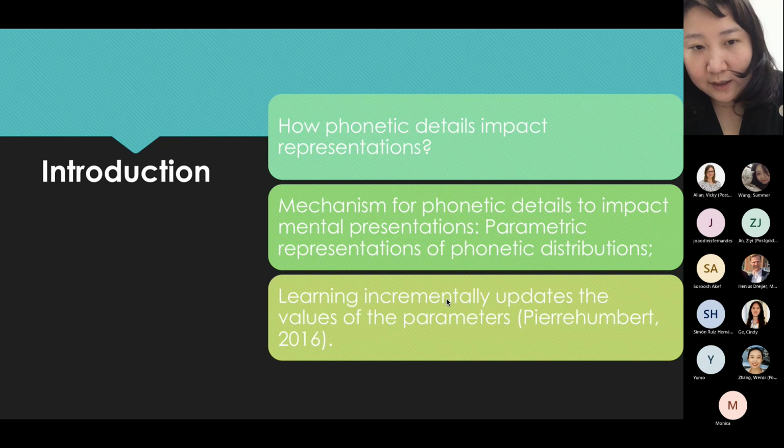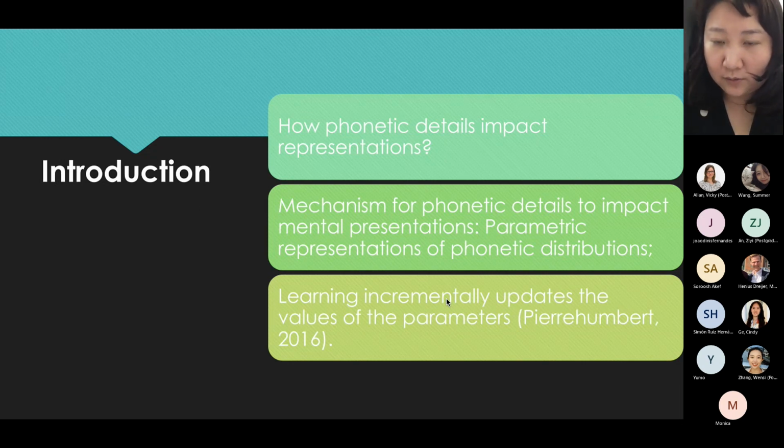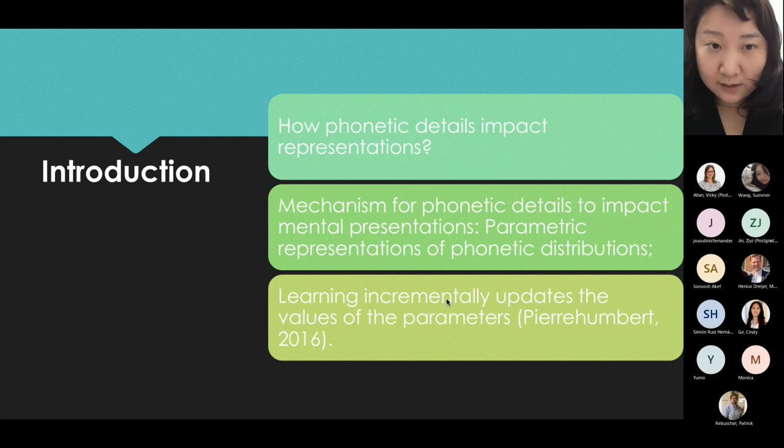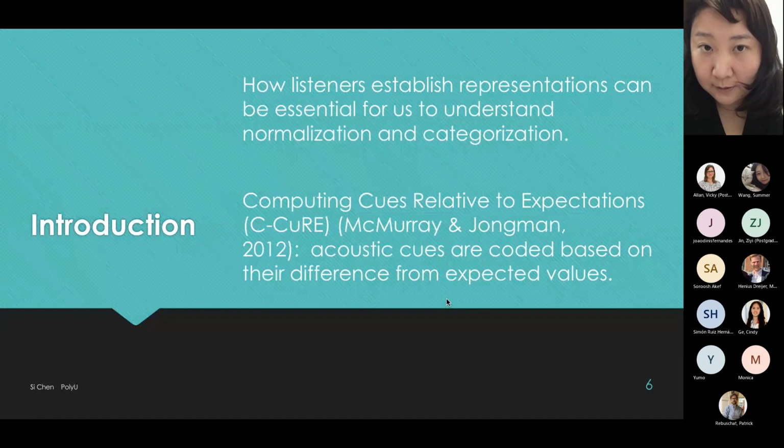When you interact with people in a speech community, you're analyzing the sounds and storing the distributions of sounds, and you're constantly updating some parameters of those distributions in your mind. So there is some hypothesis about the possibility of parametric representations. So we're quite interested in testing whether this is the case using tone perception.